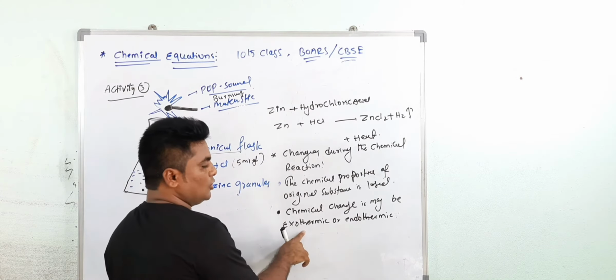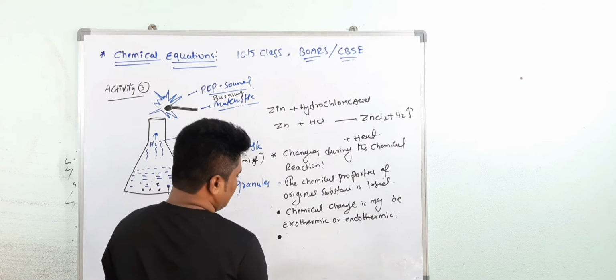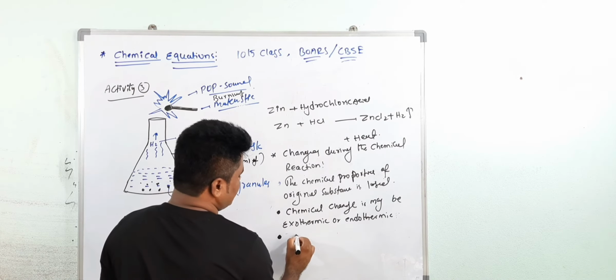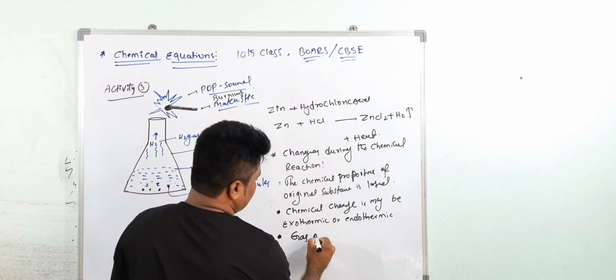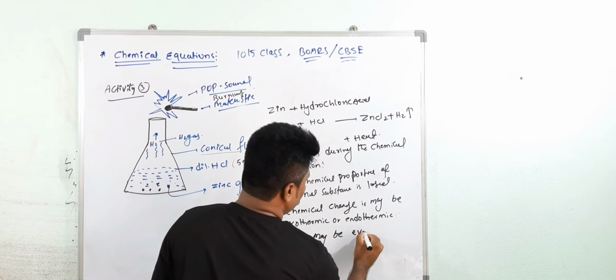Exothermic means heat is evolved. Endothermic means heat is absorbed. In a chemical reaction, gas may be evolved.